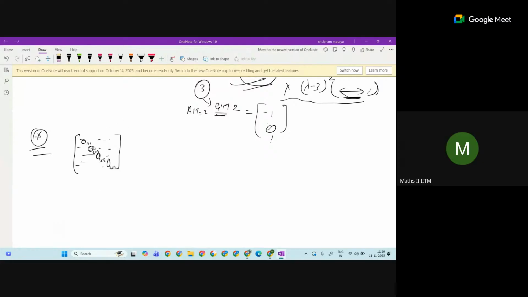Suppose let's take this 2 cross 2. Here is the second entry, let's say alpha. Okay, here is alpha. But take this column. In this column, all entries are 0 except this alpha. Here is also 0, only the second place is non-zero, and here is also 0, here is also 0.